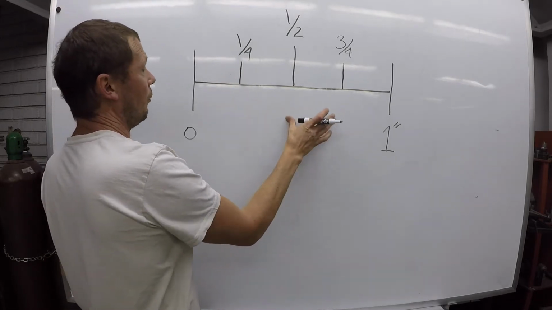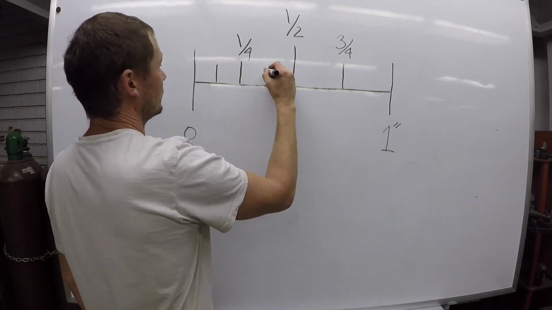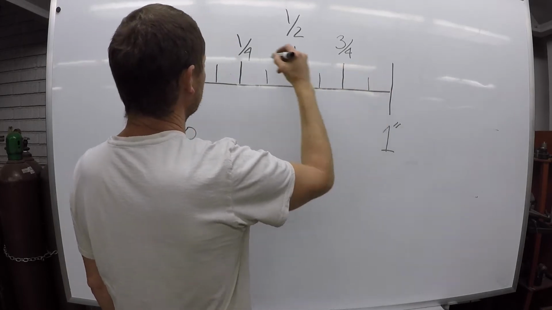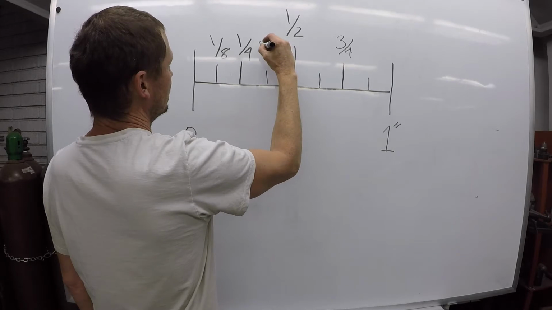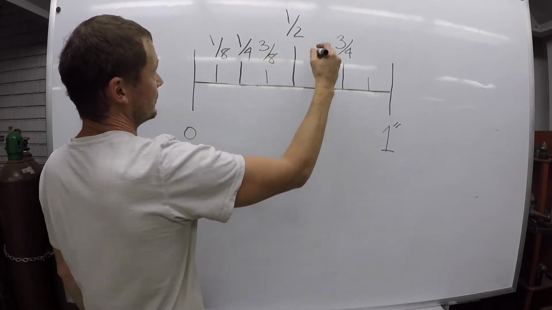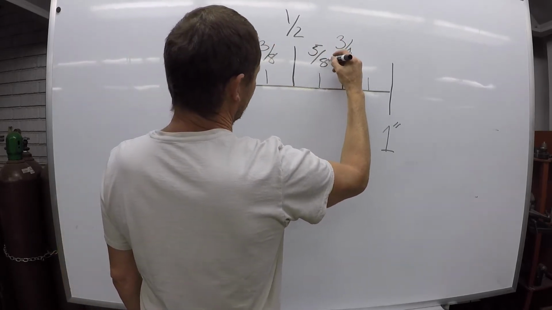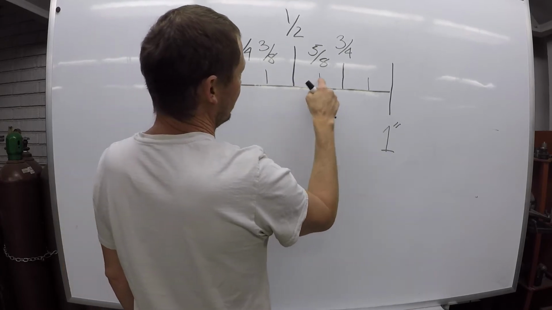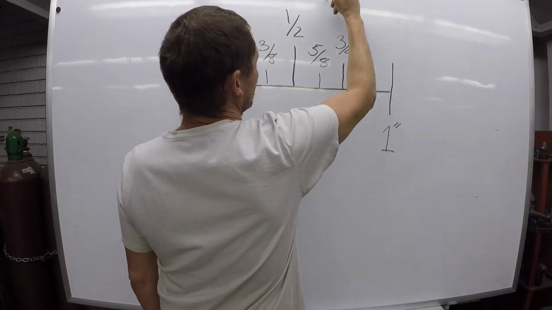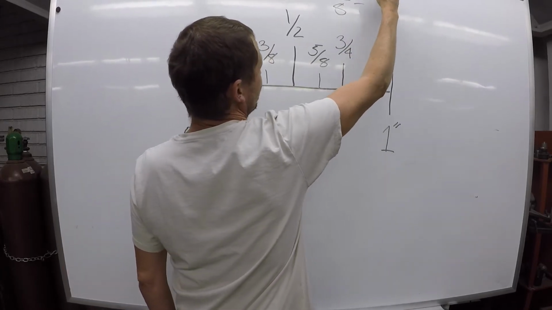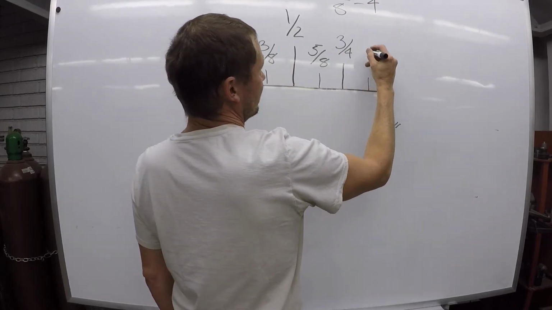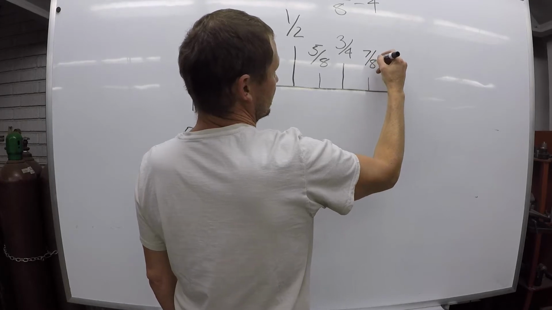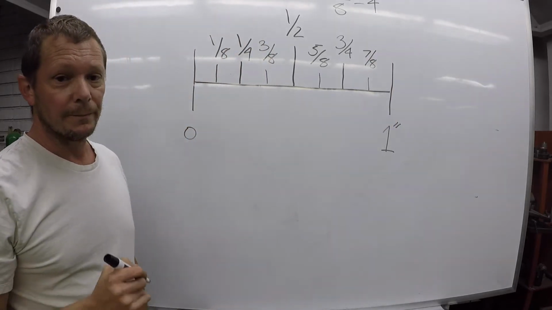If we divide our whole into eighths, 1, 2, 3 eighths, 5 eighths, right? 1, 2, 3, 4, 5, 6 eighths, which can be reduced to 3 quarters, okay? We now have 7 eighths over here, all right?